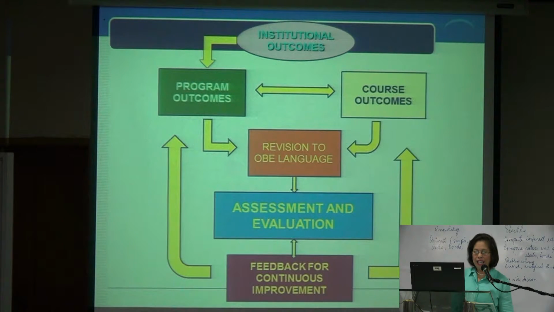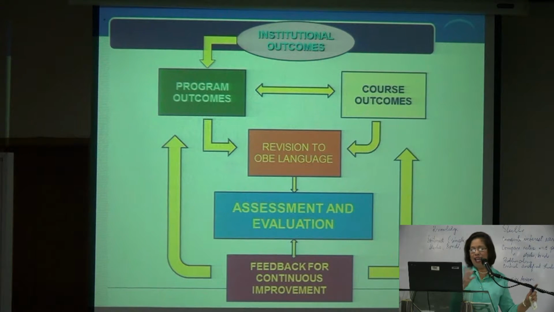Now, we have identified institutional outcomes, program outcomes, course outcomes using the OBE language, and I'm saying that the OBE language is a lot simpler than the UBD language, so please embrace it.